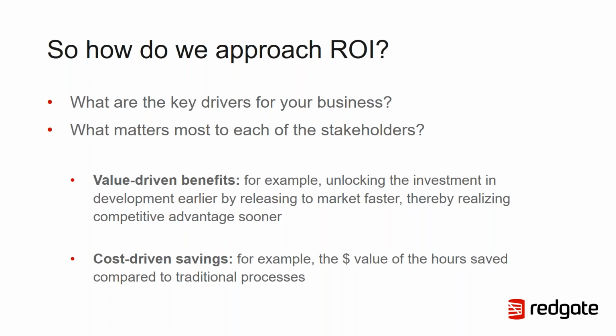Or they might be more traditional cost-driven savings, so the dollar value of the hours saved compared to the processes that we were undertaking previously. And of course, there might be a mix of these two different answers.